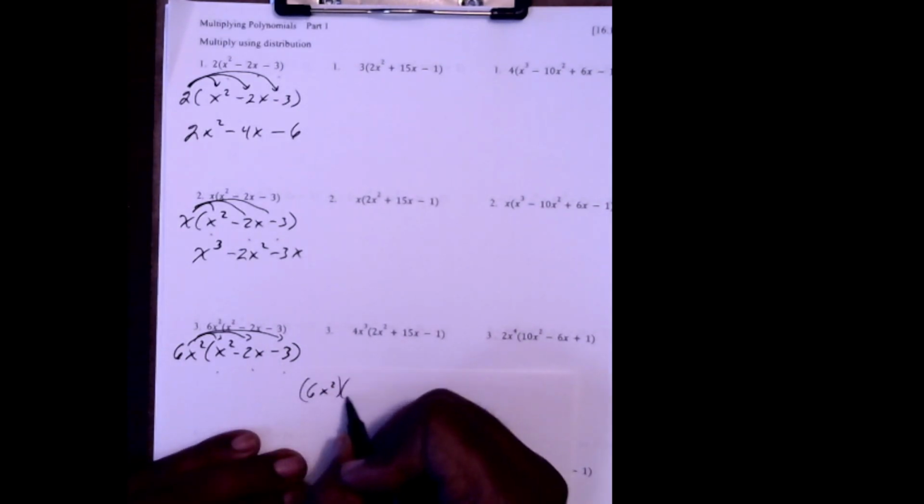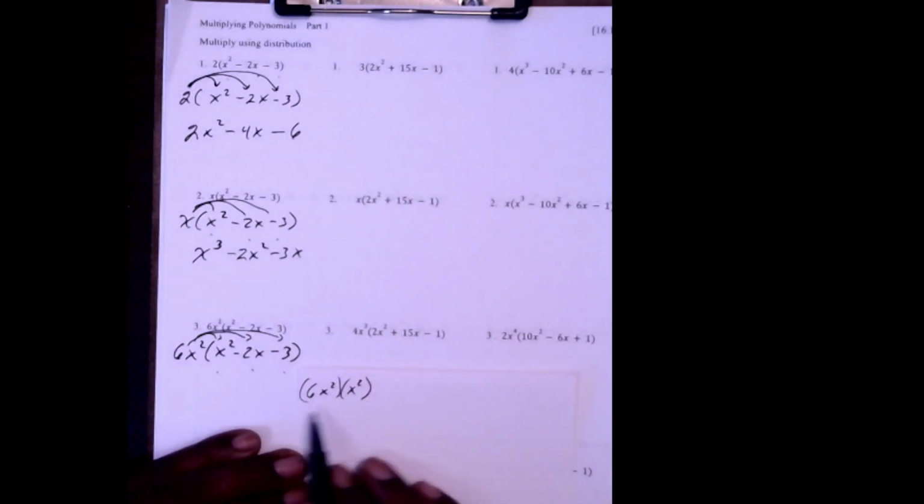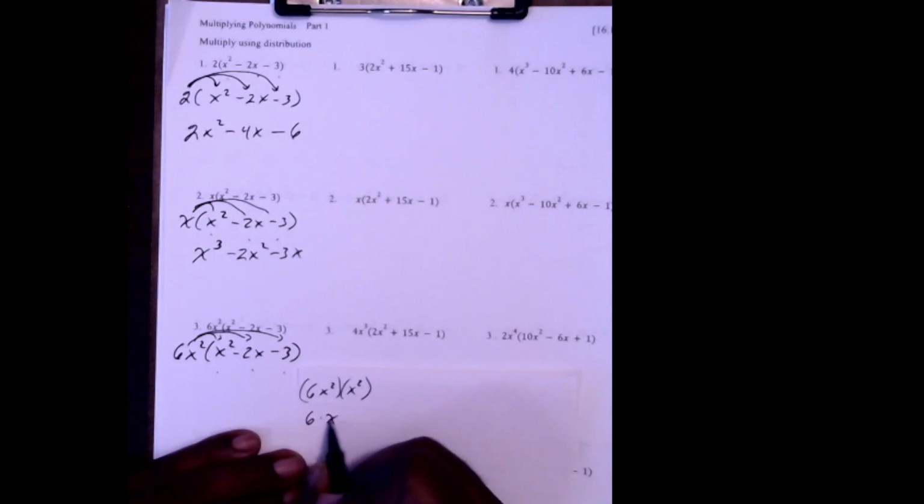Let's put everything in parentheses so you can see everything. This is essentially a 6 multiplied with an x squared times an x squared. Now, an x squared times an x squared is really an x times x times x times x. And that becomes 6 and x to the 4th. So this is going to be 6x to the 4th.